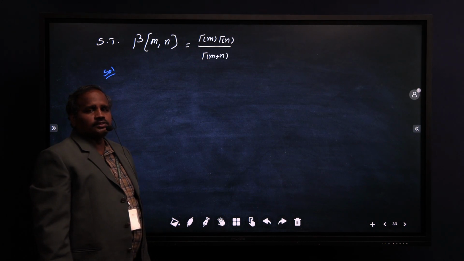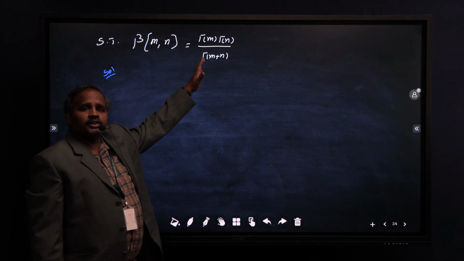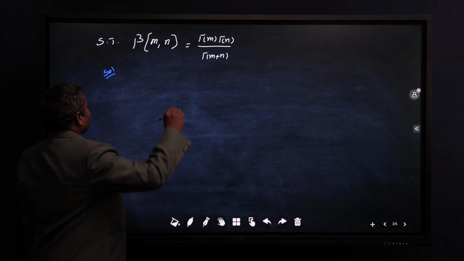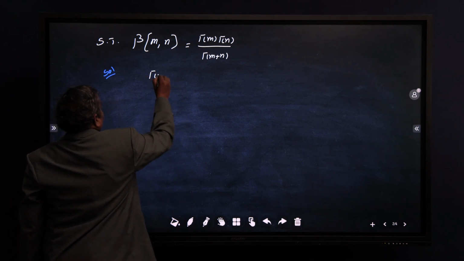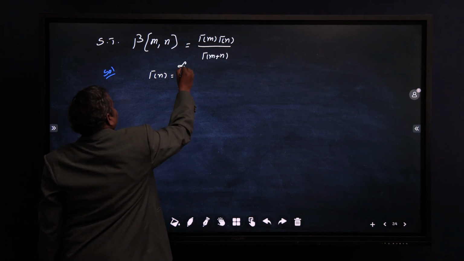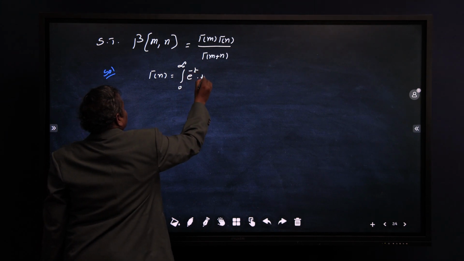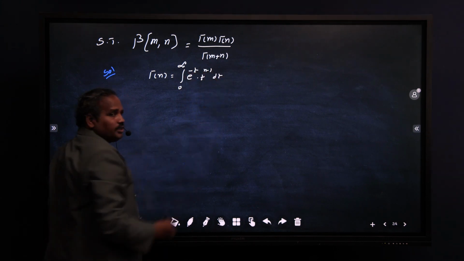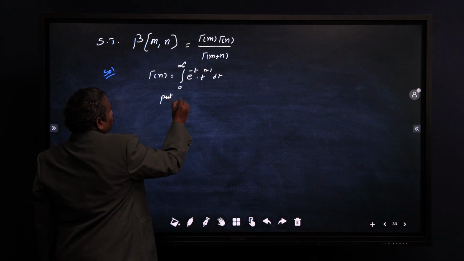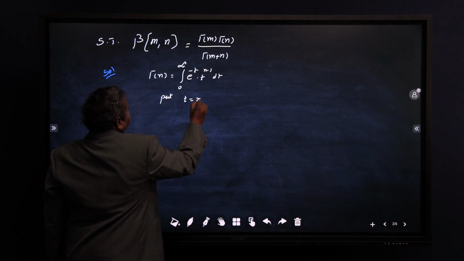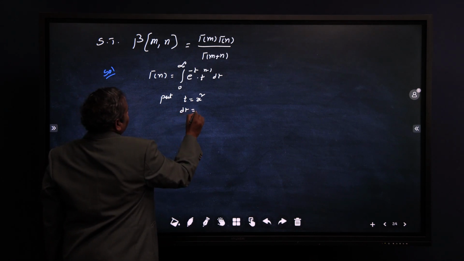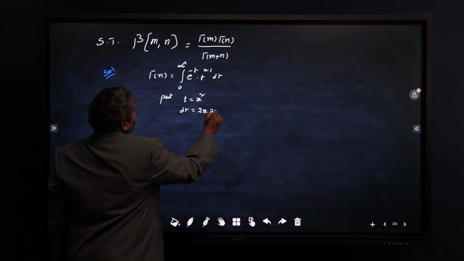Now we are showing the result beta of m comma n is equal to gamma of m into gamma of n by gamma of m plus n. Further, we are using the gamma function. We know that gamma of n is equal to integral 0 to infinity e power minus t, t power n minus 1 dt. Here we are using the substitution t is equal to x square. Then dt is equal to 2x dx.